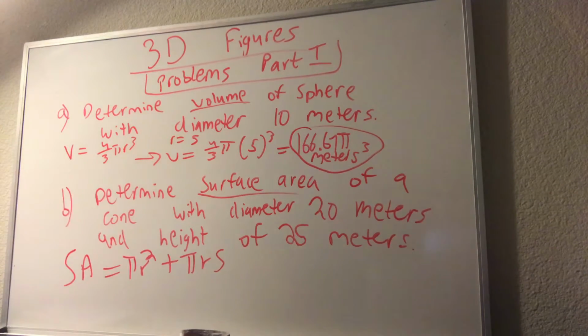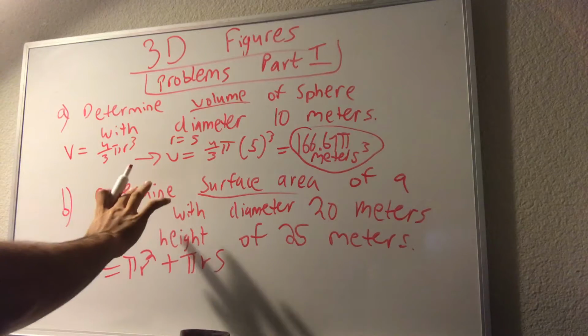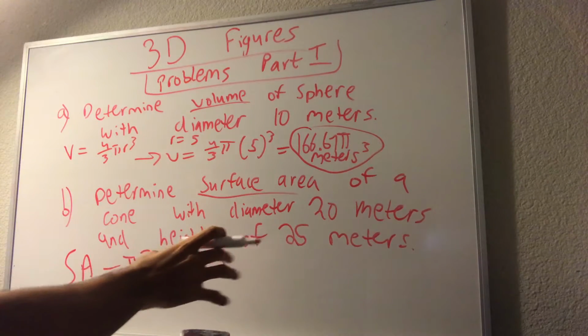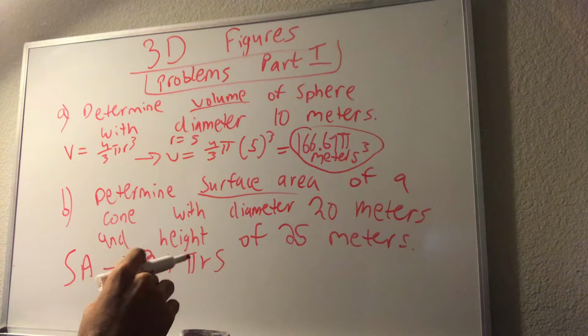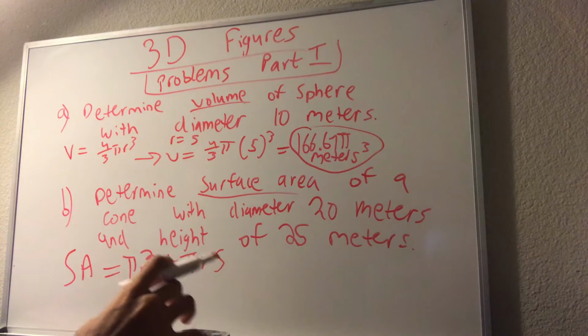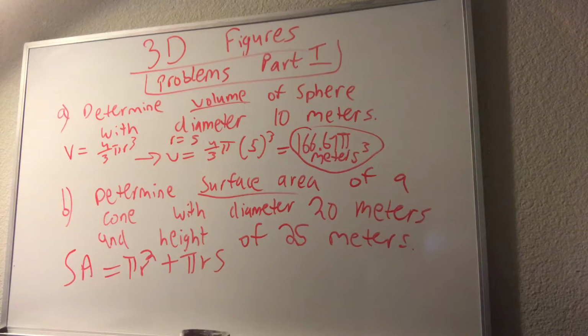L or S is your slanted height, or lateral height. If it was determine the lateral surface area, then we would only be looking at pi r s, since lateral surface area excludes the area of the base, so we would not consider pi r squared. But this is to find the overall surface area.